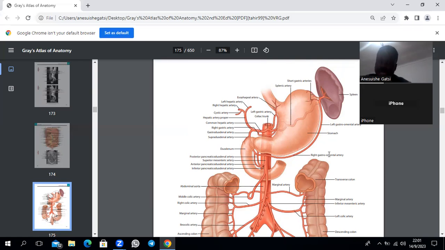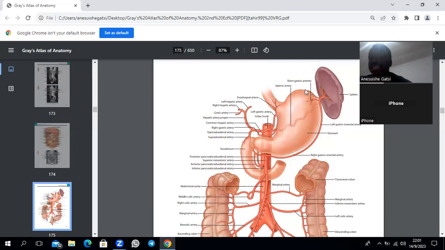I know this atlas is written gastro-omental, but I would want you to call them gastroepiploic. So upper half, there is left gastroepiploic. Lower half, there is right gastroepiploic. So for your curvatures, the left vessels are upper half, the right vessels are lower half.